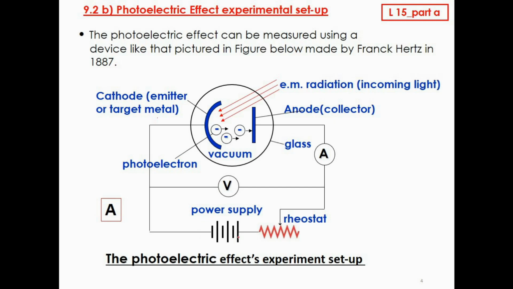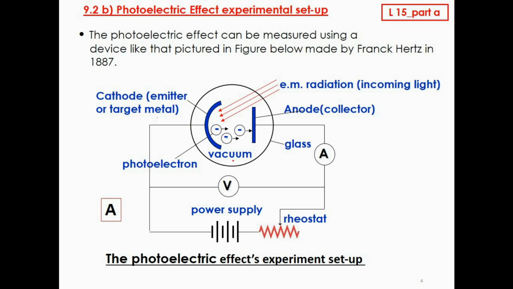Also a power supply used to supply potential difference between cathode and anode. A rheostat used to adjust the potential difference between cathode and anode. A voltmeter used to measure potential difference between cathode and anode. And an ammeter used to measure current flows in the circuit.